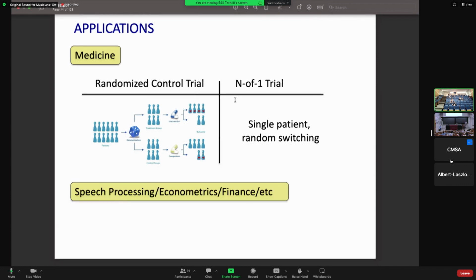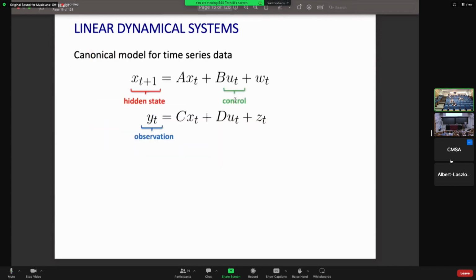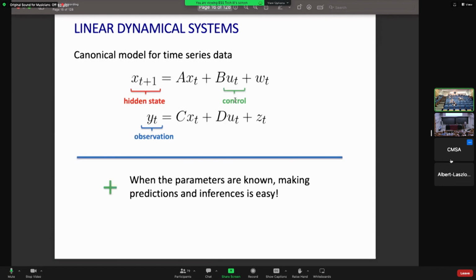In fact, this is by no means a comprehensive set of applications. There are all kinds of applications in things like speech processing, econometrics, finance, and so on and so forth. But really, just to take a step back, when we understand these two governing equations for linear dynamical systems, what makes them so widely used? It's really the fact that we can do a lot with them. So if you told me all of the parameters of this model, if you told me the A, B, C, and D matrices, you told me the distributions of the process and observation noise, well, when the model's fixed, I could talk about doing things like inference, right?